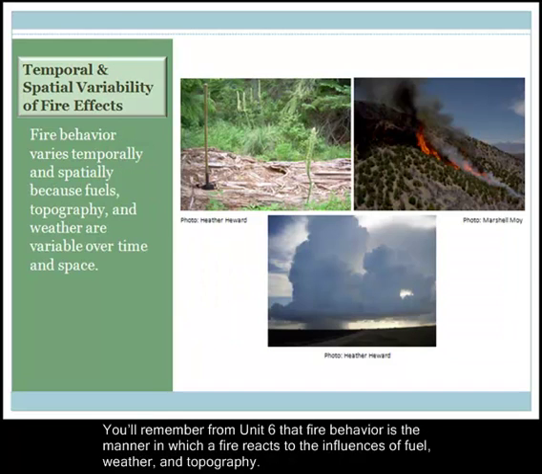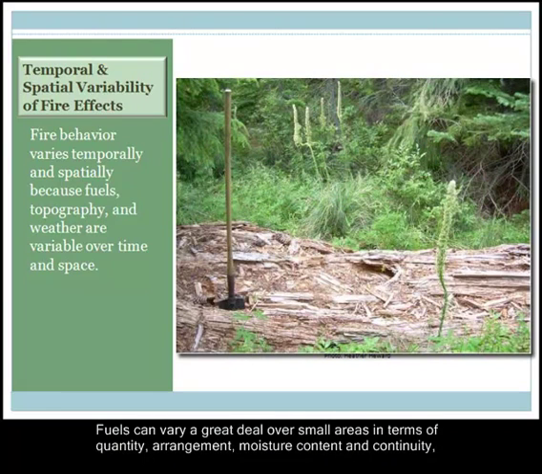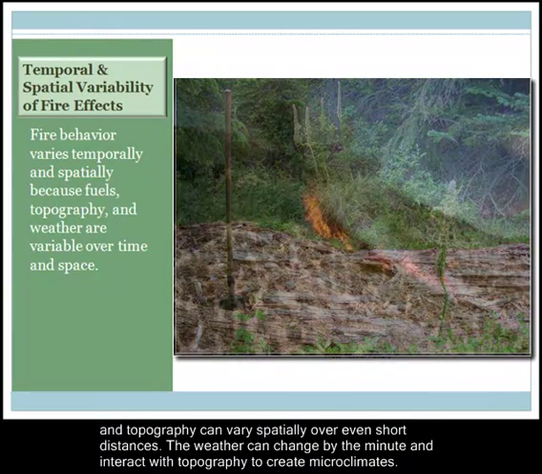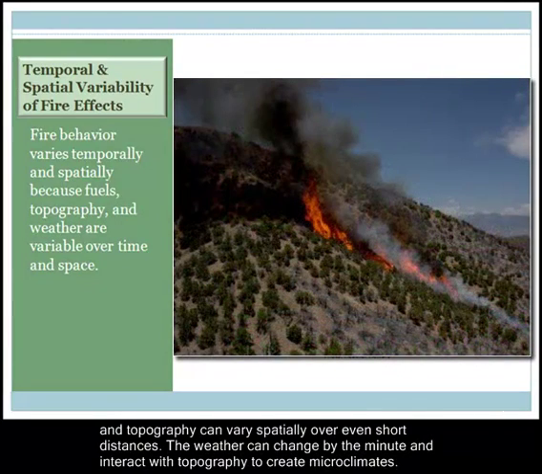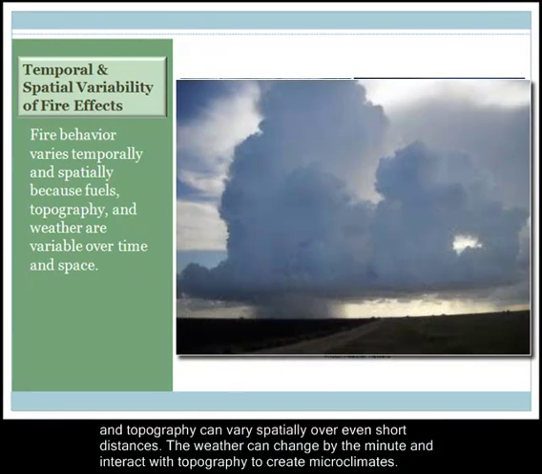You'll remember from Unit 6 that fire behavior is the manner in which a fire reacts to the influences of fuel, weather, and topography. Fuels can vary a great deal over small areas in terms of quantity, arrangement, moisture content, and continuity. And topography can vary spatially over even short distances. The weather can change by the minute and interact with topography to create microclimates.